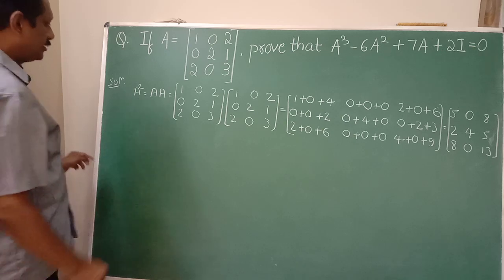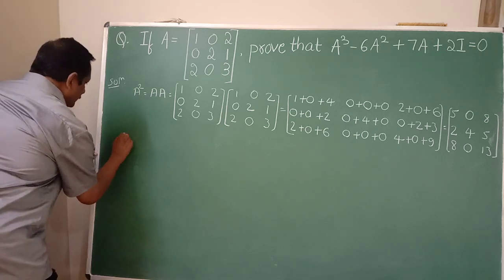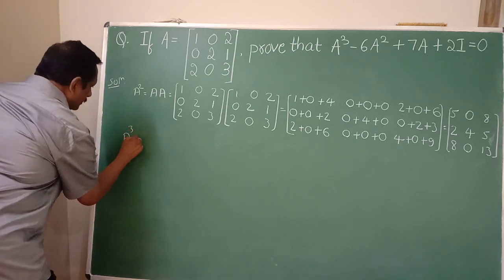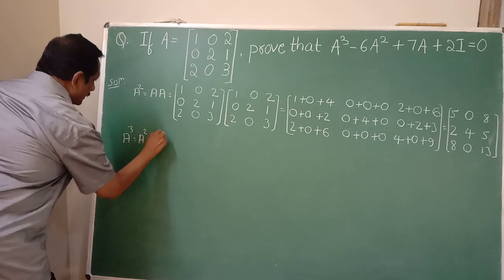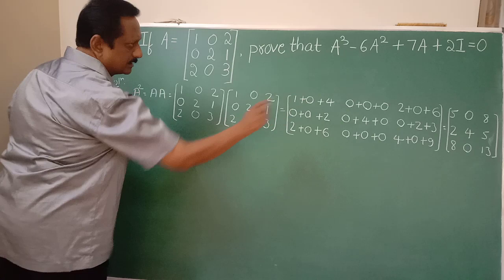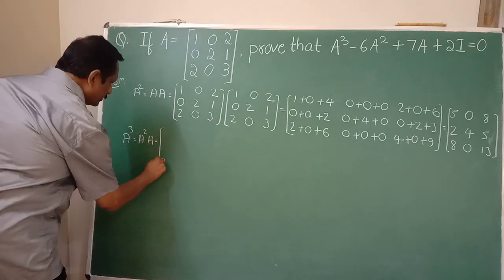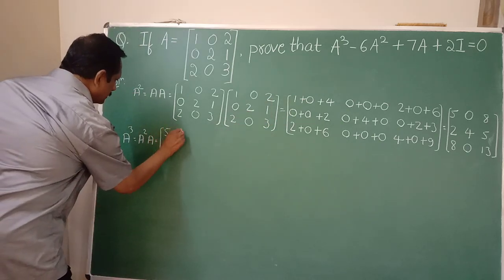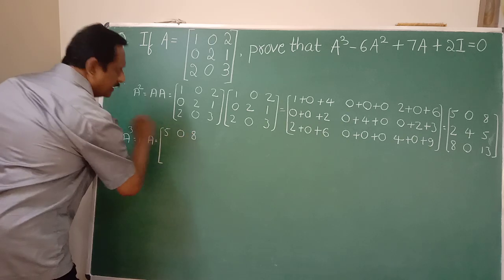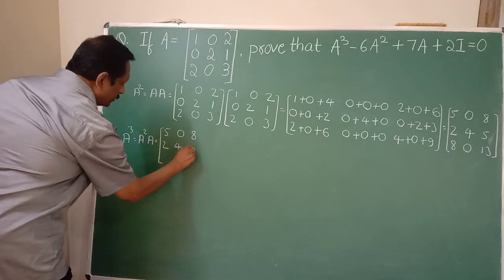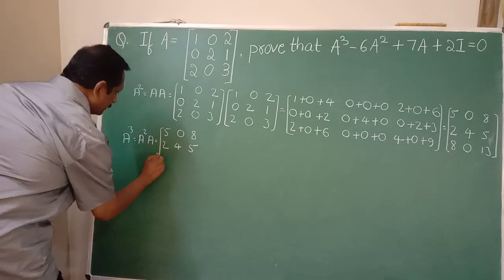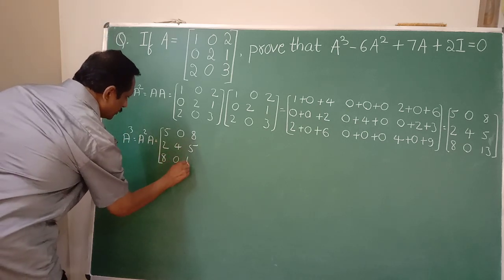Next you find here A cube. Therefore A cube is equal to A square into A. A square is this matrix here. So write here 5 0 8, 2 4 5, then 8 0 13.